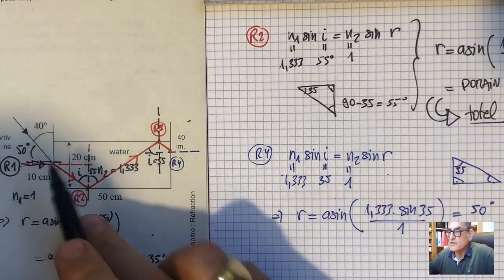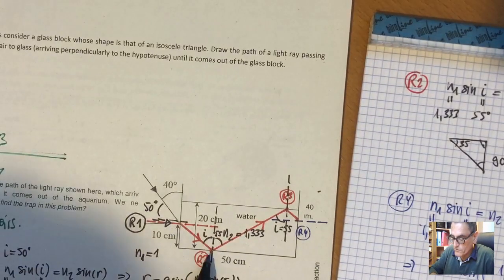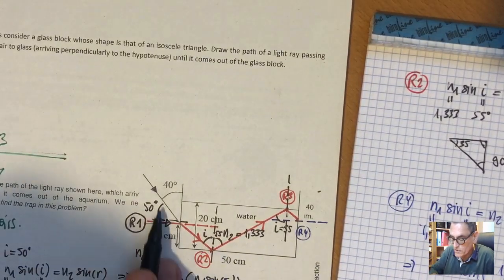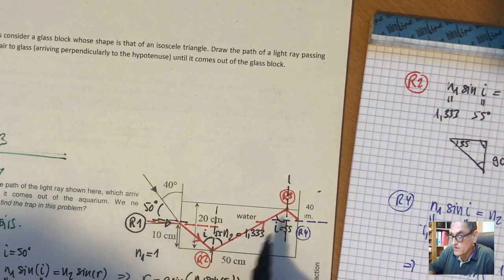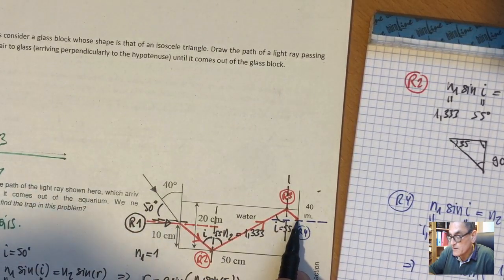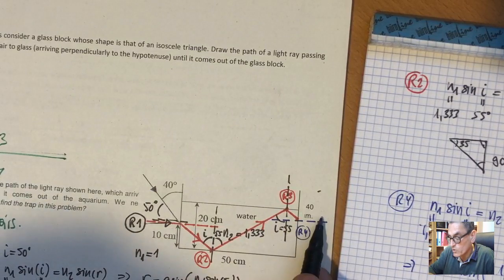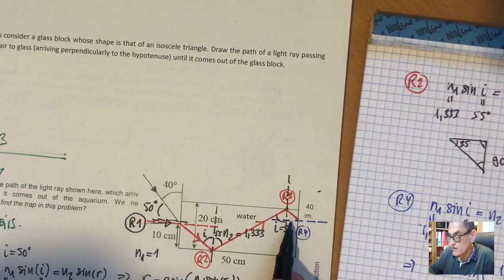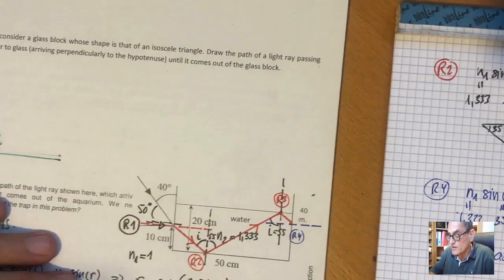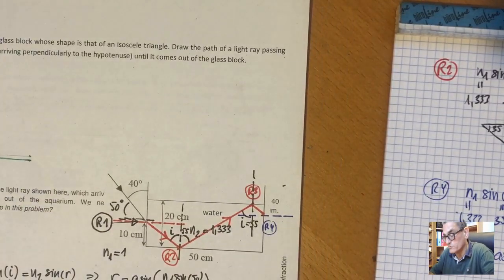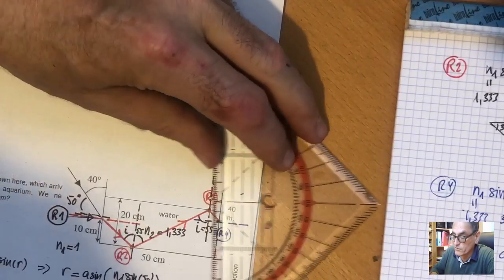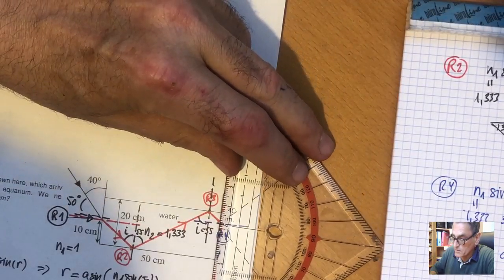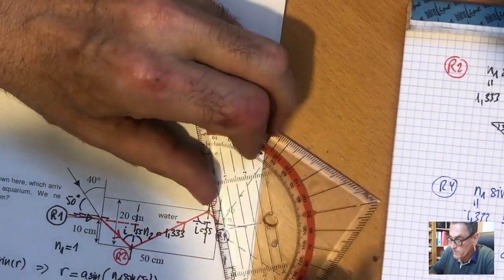Because previously we computed that refraction, it was going in that direction, we had 50, and after the refraction we had 35. And now we are going to do the opposite. We are going to pass from water into air with an incidence angle of 35. So the angle of refraction is going to be 50. Okay, we are going to go further away from the normal, and so here it's 50.